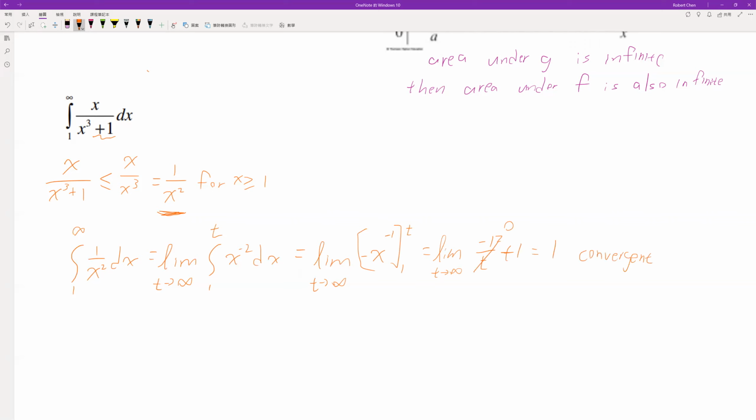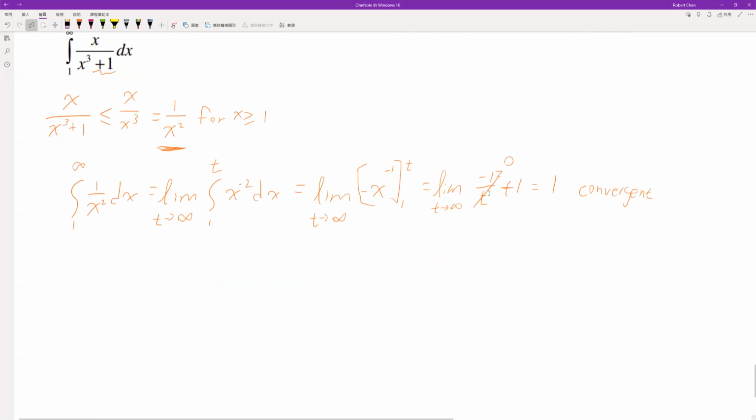Okay, and then we show that the larger one is convergent. So let me write down what we're doing here. So we show that the integral of 1 over x squared dx is greater than or equal to the integral of x over x cubed plus 1, right?